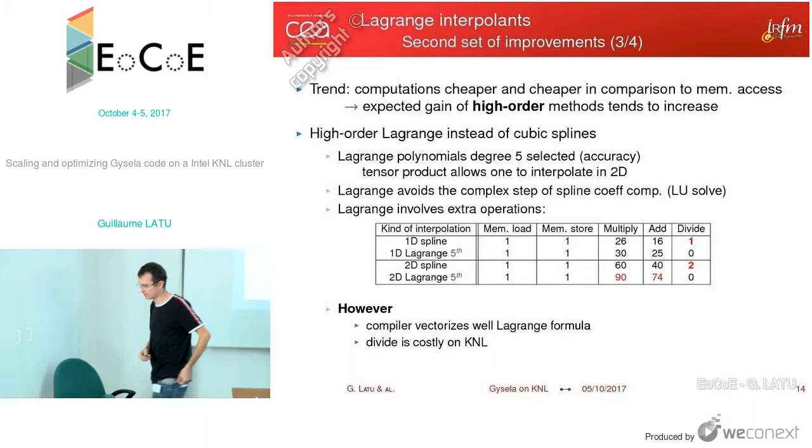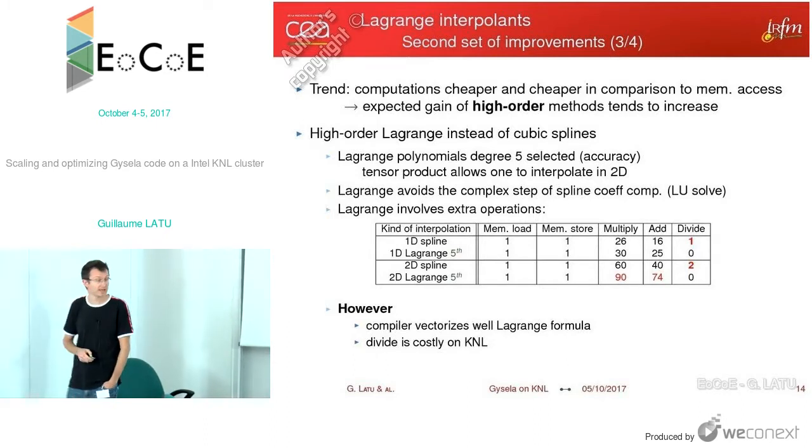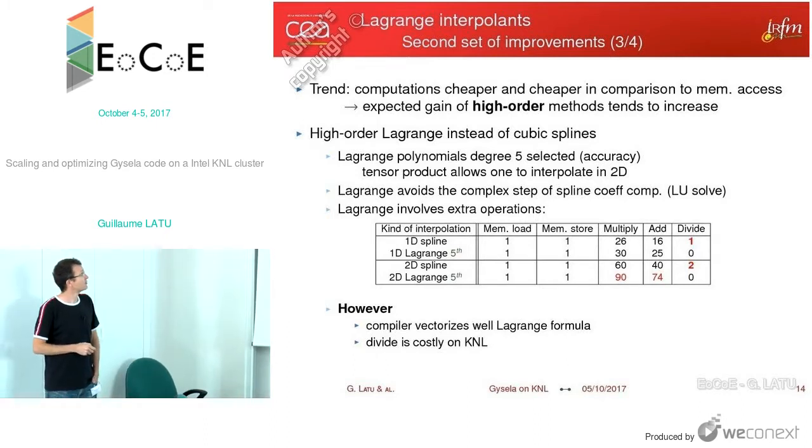The second modification is Lagrange interpolators. During the last years, we have seen that computation tends to be cheaper and cheaper in comparison to access in memory. So higher order methods are expected to be of great use because we can really crunch many flops at once.